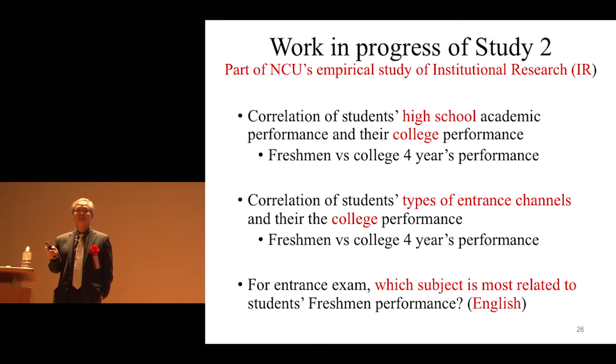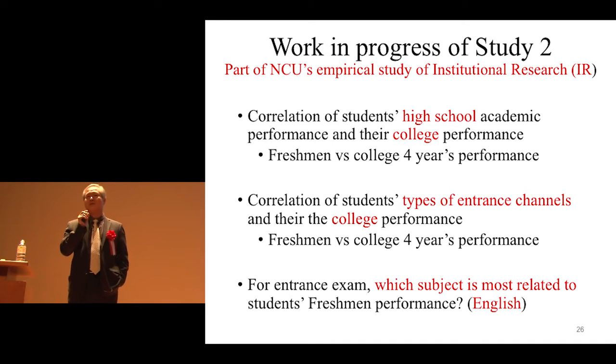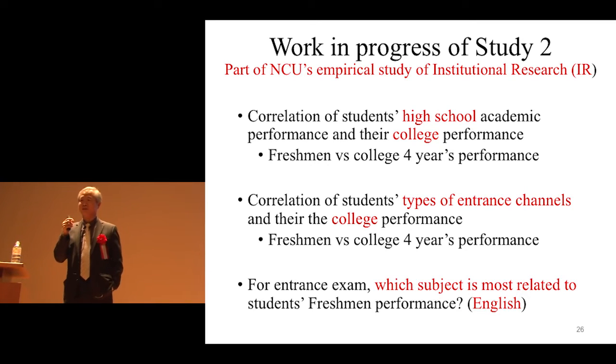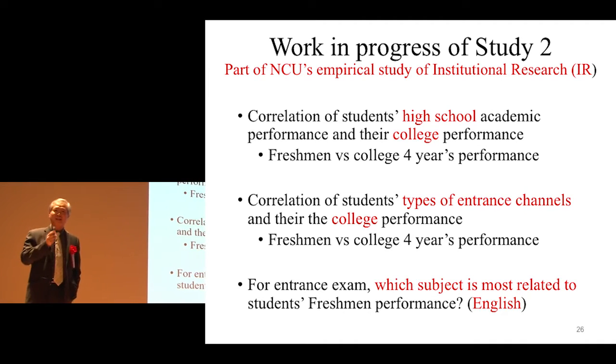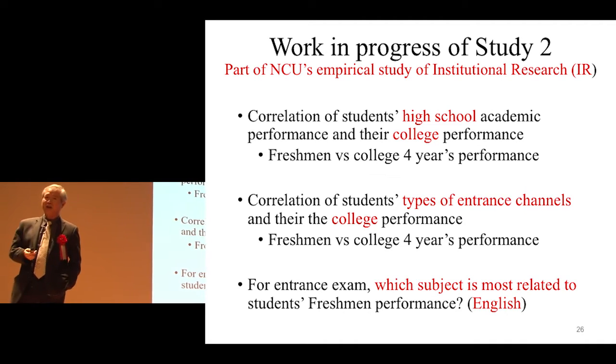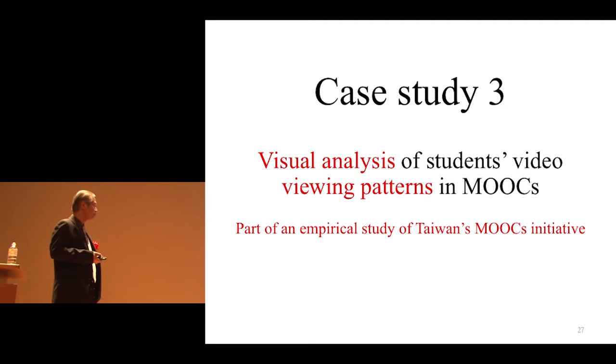Math is not a critical factor. But probably, for some reasons, in Taiwan, a national university in general means the students enter with higher standards. So most of them, their science and math are good enough. So the differentiator is language. So that tells us how important language is, especially English.